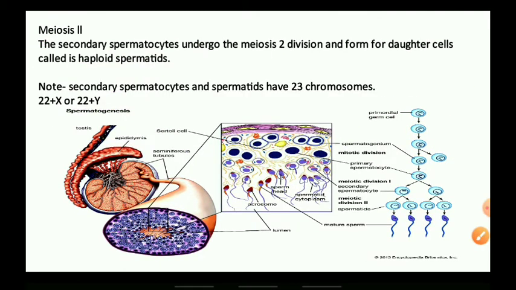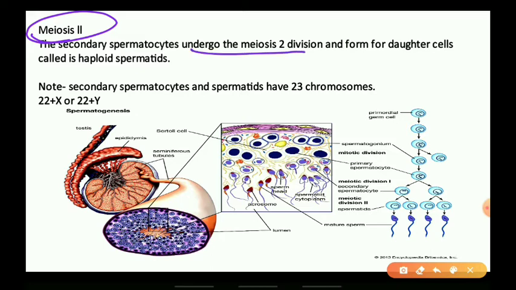Now next, meiosis 2. Let us talk about meiosis 2. See, meiosis 2 is very important. Why is it important? Because now these secondary spermatocytes, which were formed by meiosis 1 from the primary spermatocyte, are going to undergo successive division.